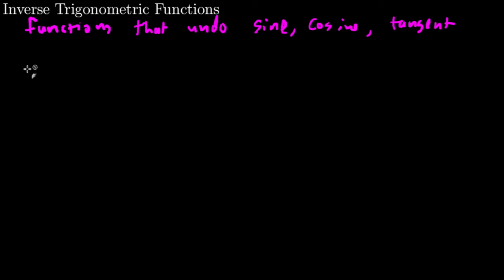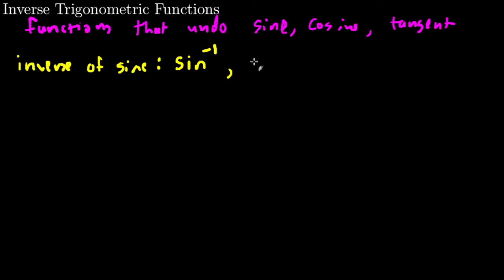So the inverse of sine we will write as sine to the negative first. Now, it's not really to the negative first, it's sine with a negative 1 up there. We'll talk about why this isn't an exponent. This is one way to write it. This is the way I will write it.